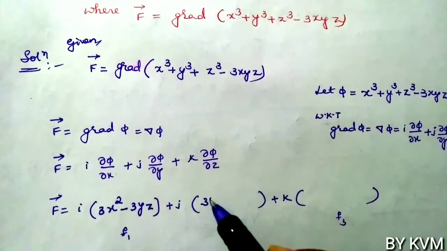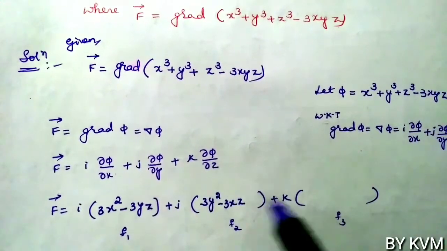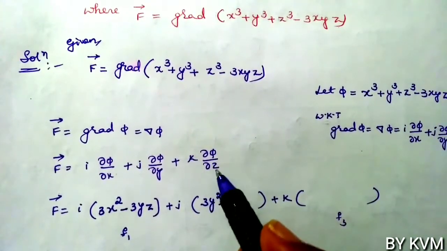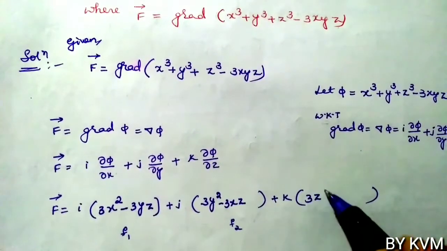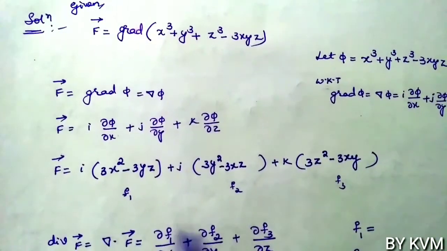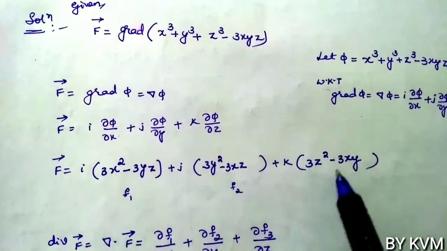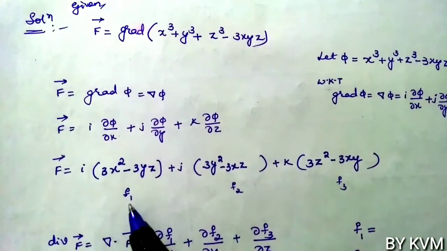So 3y square minus 3xz, plus k ∂phi/∂z. Differentiate phi partially with respect to z. Now x and y are constants. So 3z square minus 3xy. So this is vector f. Now coefficient of i is f1.